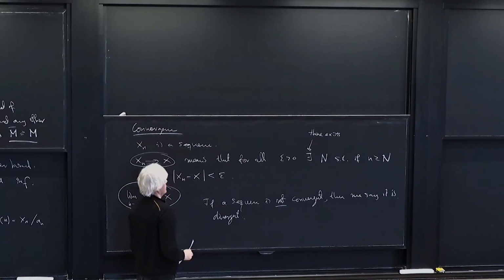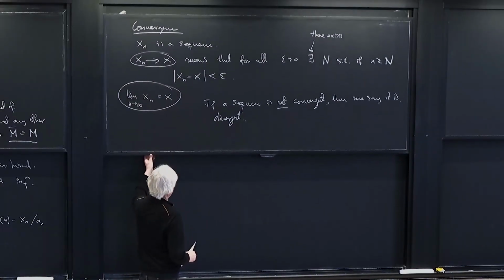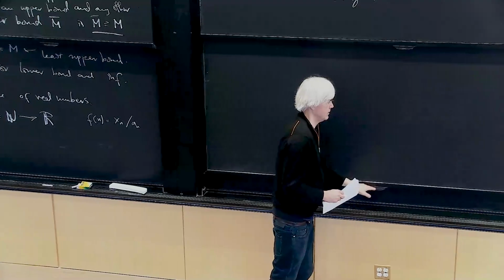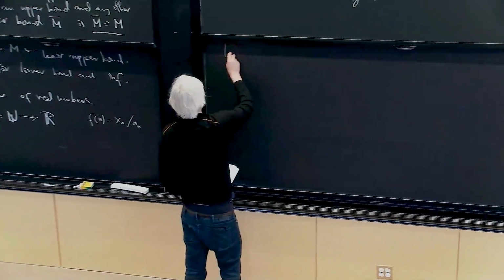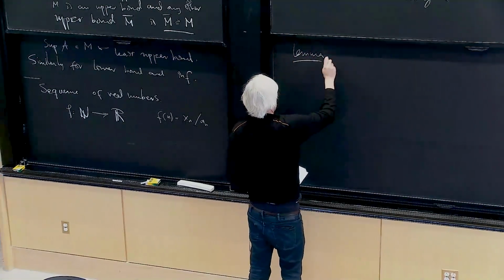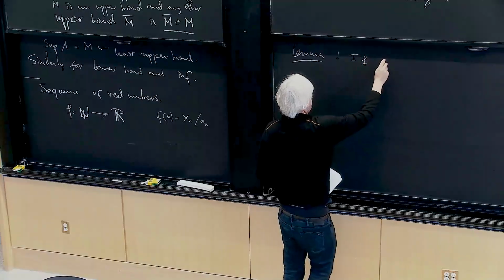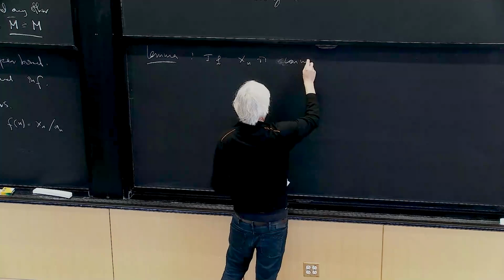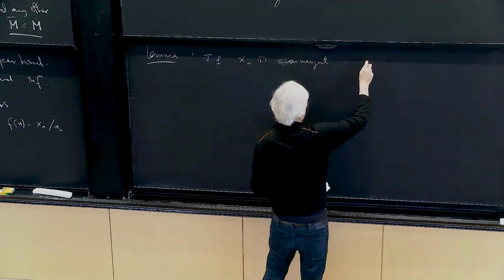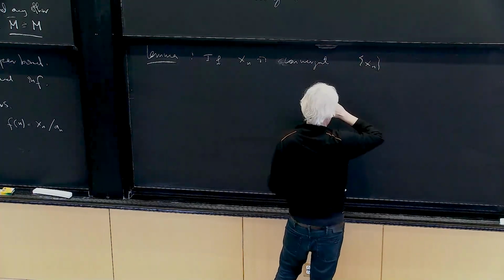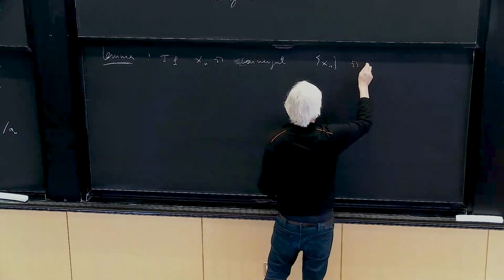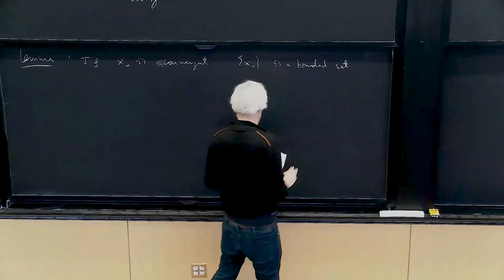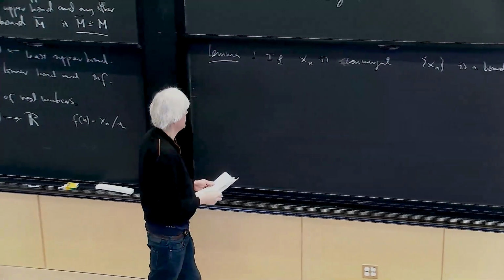And then there's this useful property, a lemma: if x_n is convergent, then this as a set is a bounded set. Okay, so we talked about that.